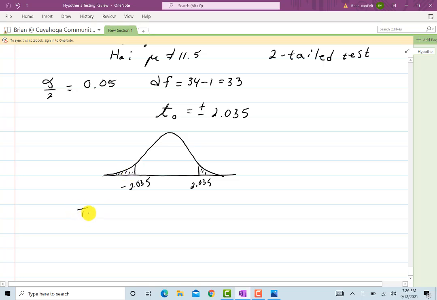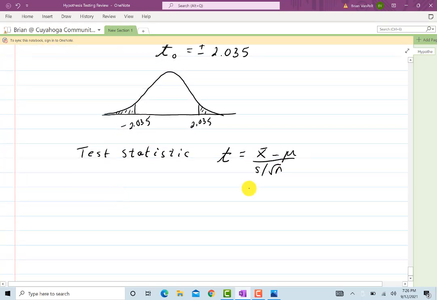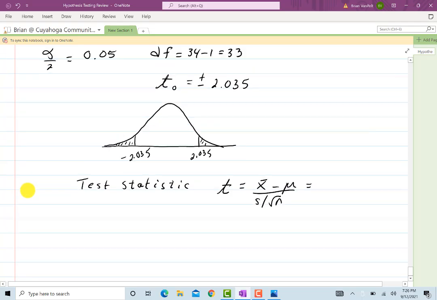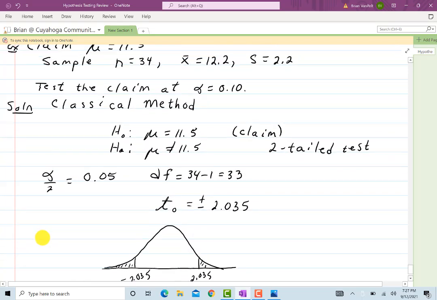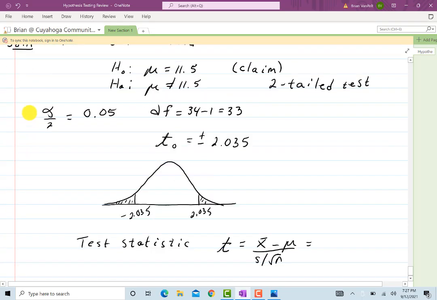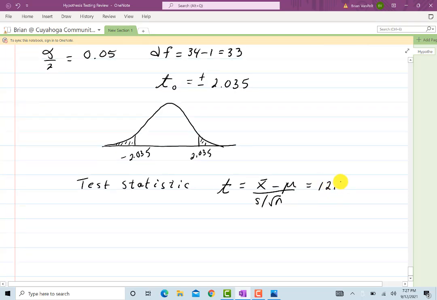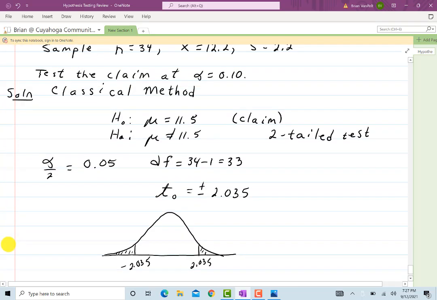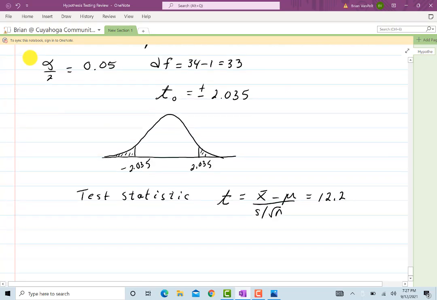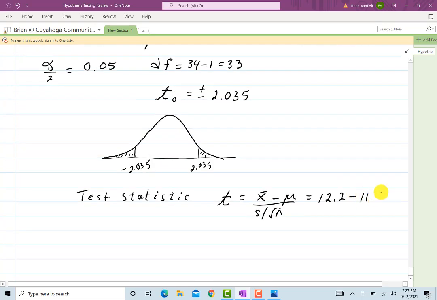And now let's go ahead and calculate our test statistic. Here, t, that's x bar minus mu divided by s over the square root of n. What do we have for there? X bar in the sample was 12.2. The mean that we're testing is 11.5. So this is going to take place in the right tail.